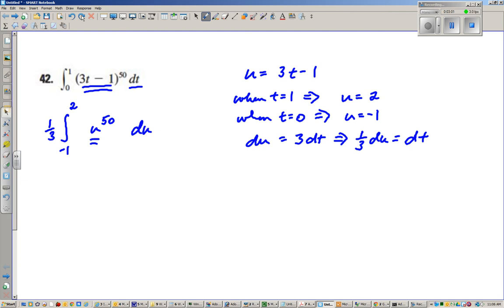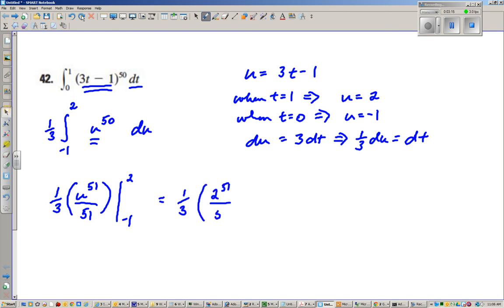So solving this problem out, won't we get 1/3 times u to the 51st over 51? And my upper and lower limits are 2 and negative 1, respectively. So if I put my upper limit in, won't I get 2 to the 51st power over 51? 2 to the 51st is a huge number. Don't even try to do anything with it.